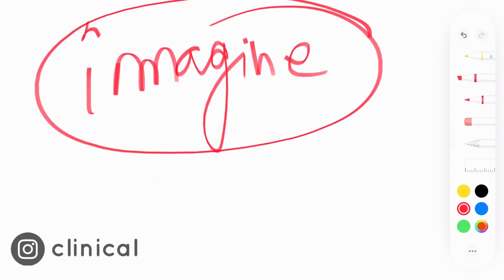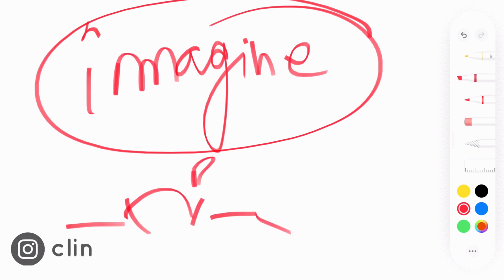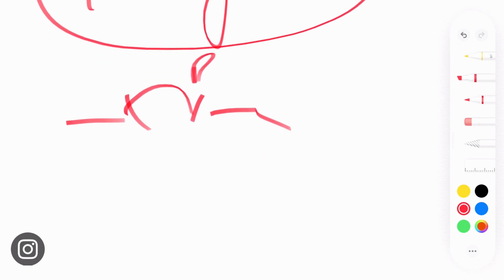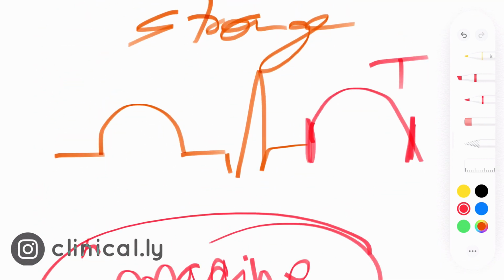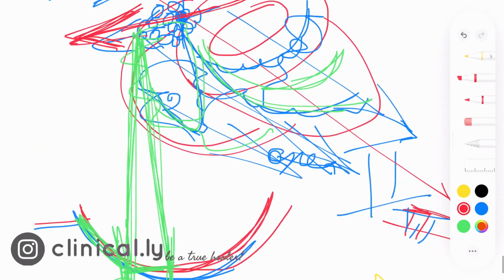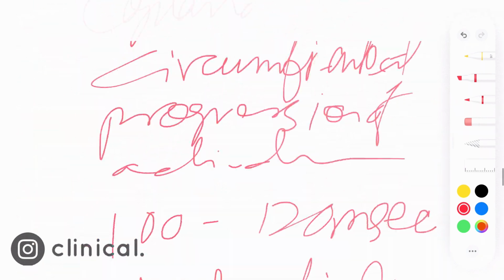Don't just memorize things, like this first wave is P wave. Imagine, understand, and ask questions. Seek answers. See the video again and again, and try to understand the concept that I am trying to convey.